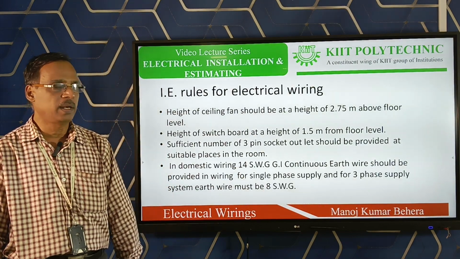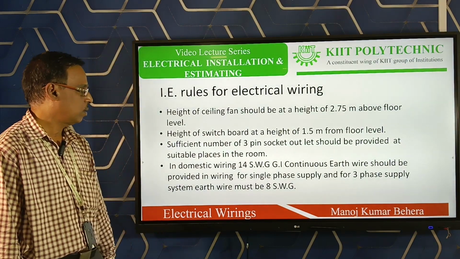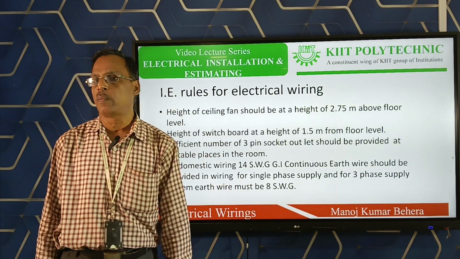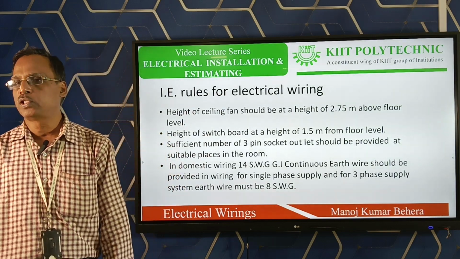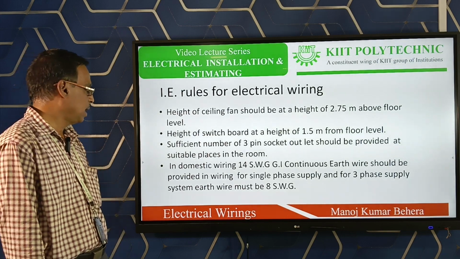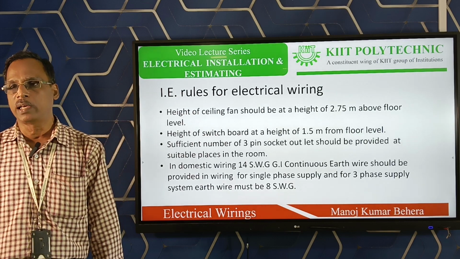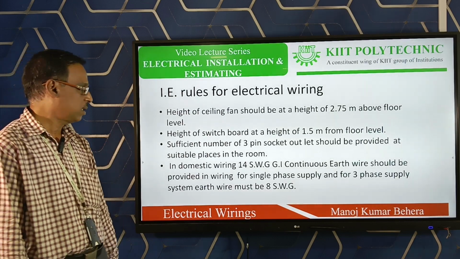So if you need any extension, we can use the help of these sockets. A continuous earth wire should be provided in each switchboard and connected to each appliance. Generally in domestic wiring, 14 SWG standard wire gauge wire is used for earth connection.